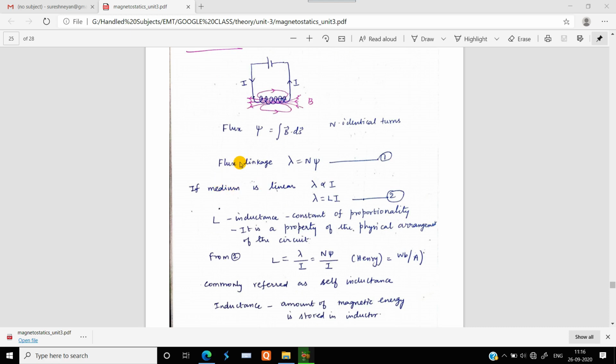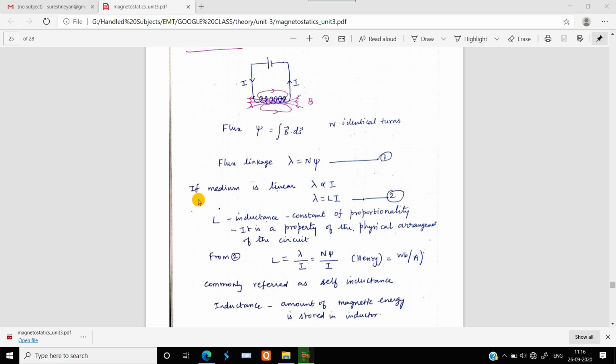We can define the flux linkage of this circuit as lambda equal to N into psi, because we have N identical turns in this coil arrangement. So flux linkage lambda is equal to N psi.